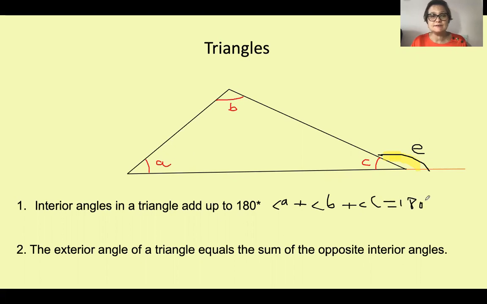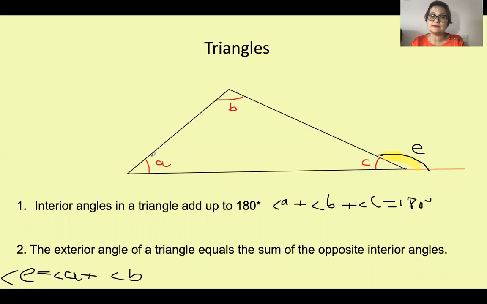There you go. The exterior angle of a triangle equals the sum of the opposite interior angles. And in this case, the exterior angle is this one here, angle E. So angle E is the same as angle A plus angle B. So this exterior angle equals the sum of the opposite angles.